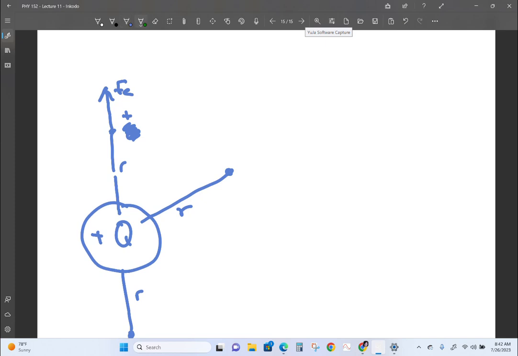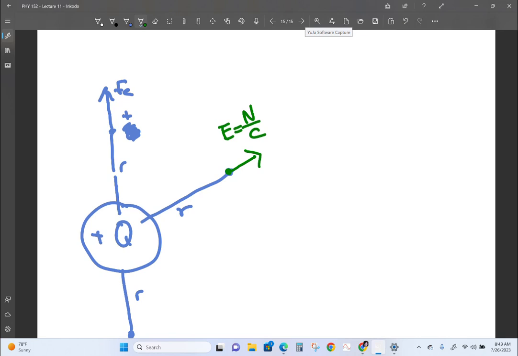And we describe the electric field as pointing in the direction of the electrostatic force on a positive charge at that location, so away, in this case, from the source charge, big Q. And it is really how many newtons every coulomb of charge will feel at that location.